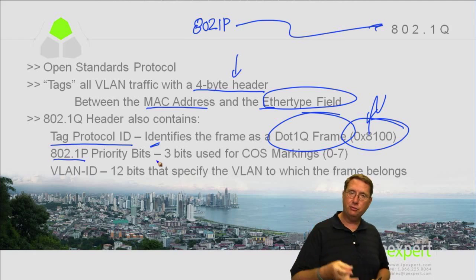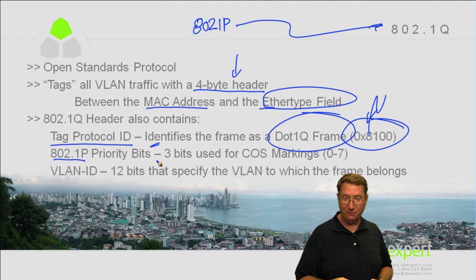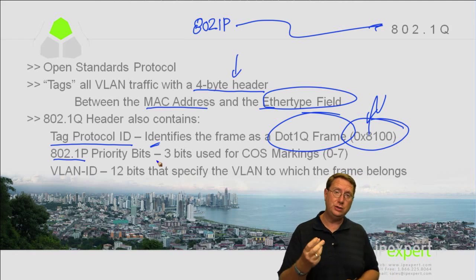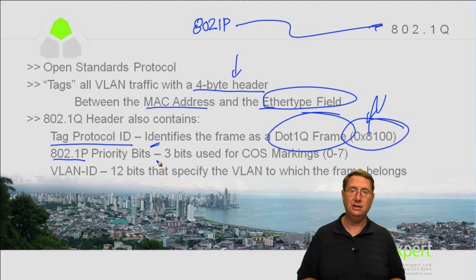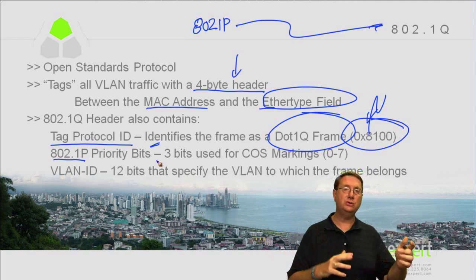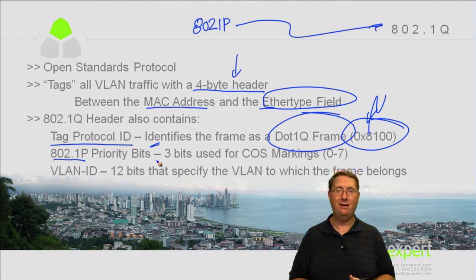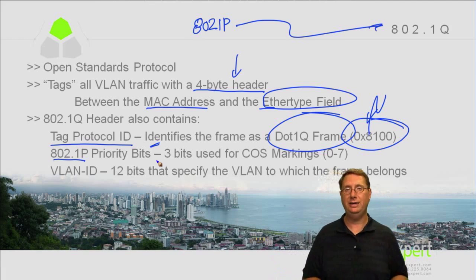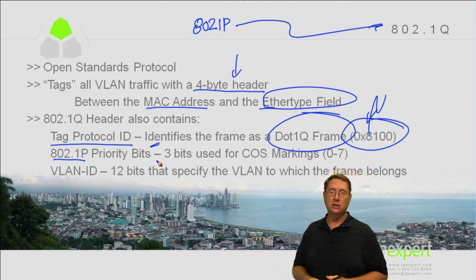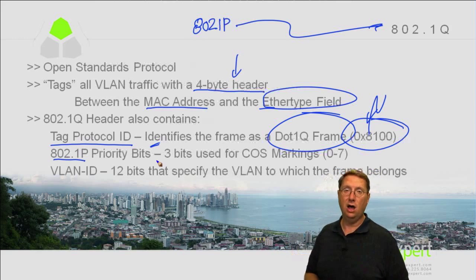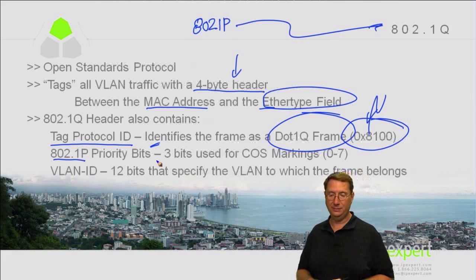It's a 3-bit field, so that's 2 times 2 times 2, which gives me the possibility of 8 results, 0 to 7. As I go up the chain, 7 is higher, so it's going to have a better priority than 0, which would be scavenger or next to nothing. Again, we'll talk about that in the confines of quality of service mechanisms when the time comes.